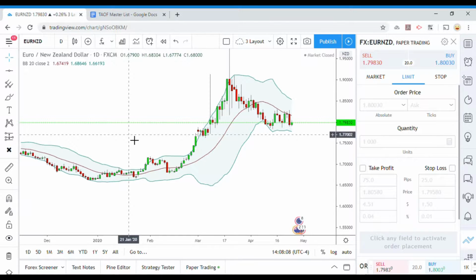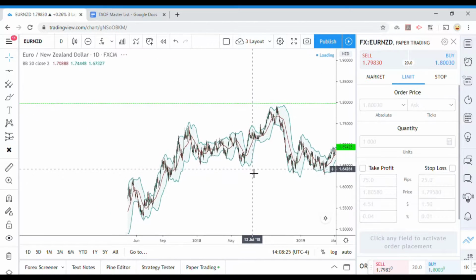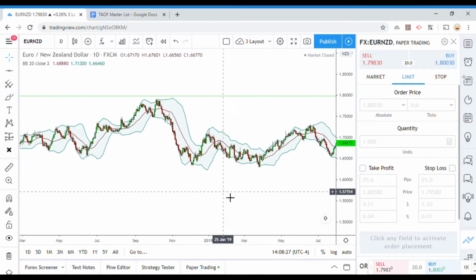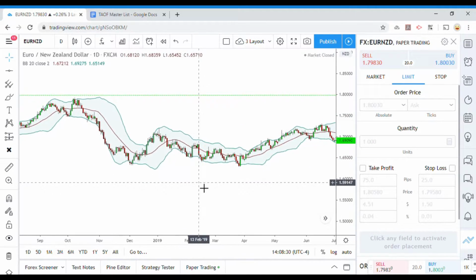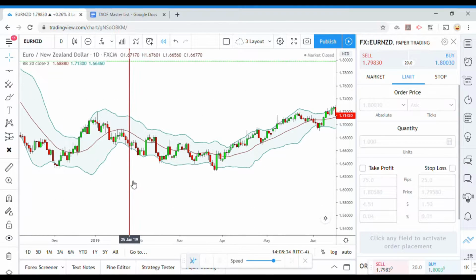Alright, now that we have all that out of the way, let's get into testing the Bollinger Bands. As usual, we have picked a random pair, which is the Euro New Zealand dollar here. And we are going to pick a random time frame. Let's do about 2019. 2019, why not? Let's see here.